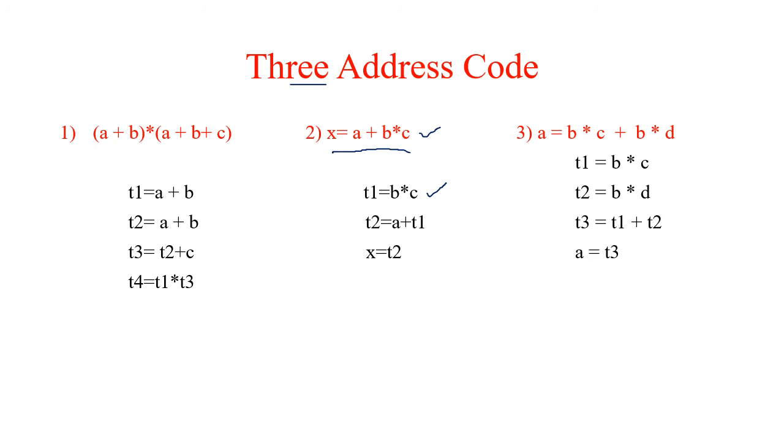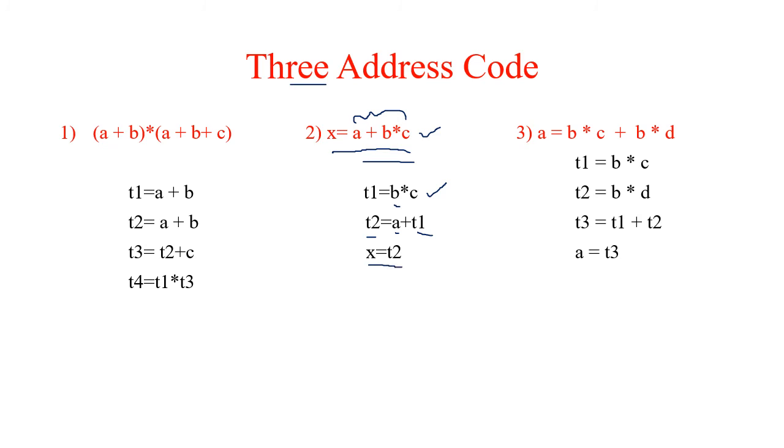Then we can perform a plus b star c, that is t2 equal to a plus t1. t1 already has the result of b star c. Now the RHS part is completed. Now we can perform the assignment, that is x equal to t2.